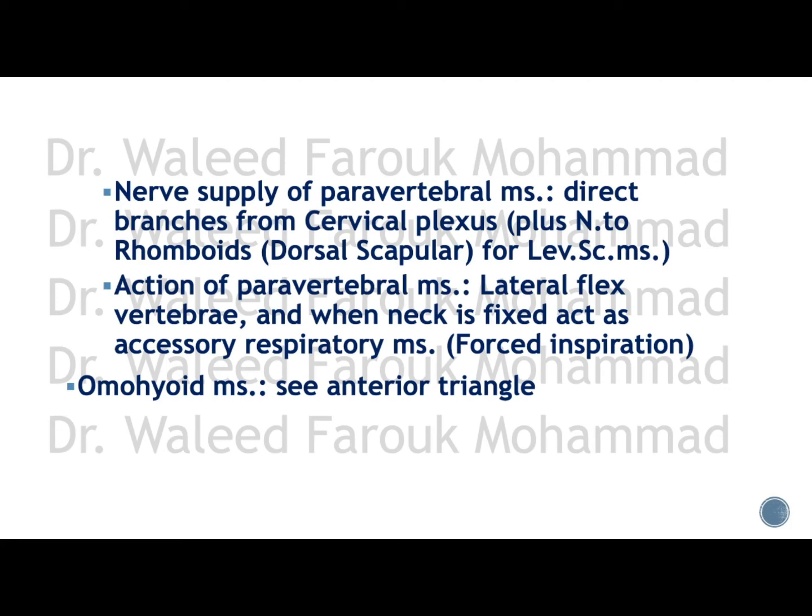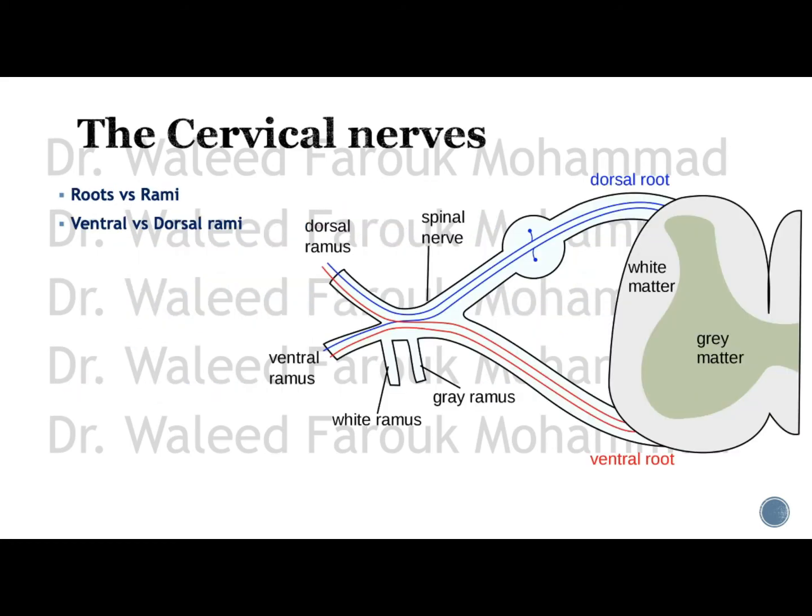If you fix the neck, they will pull the ribs up. That's forced inspiration. Now, the omohyoid muscle, the only thing to mention here now, because it's not its place, is that the inferior belly is part of the triangle, and it subdivides it into two other triangles.